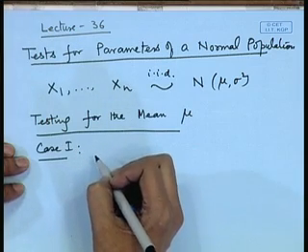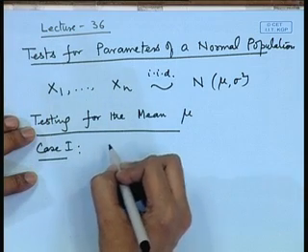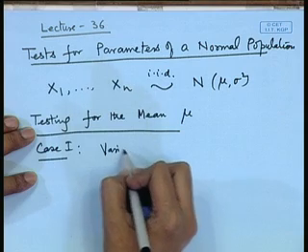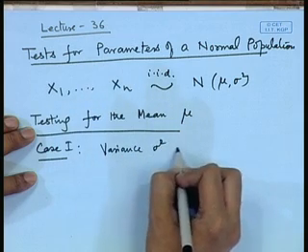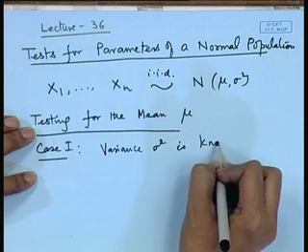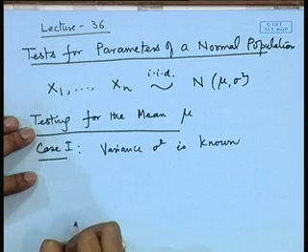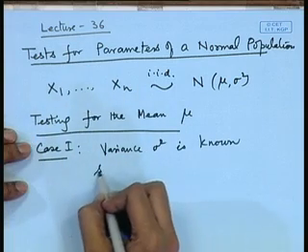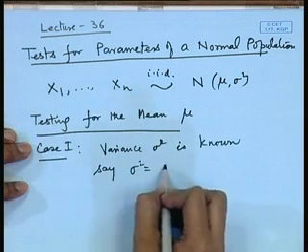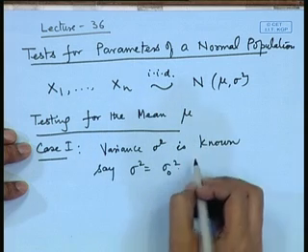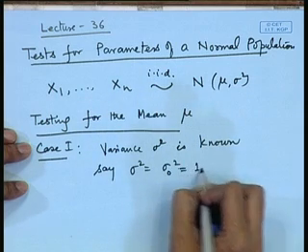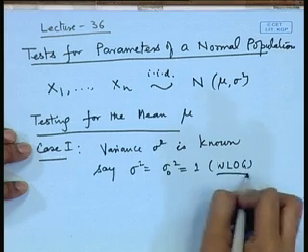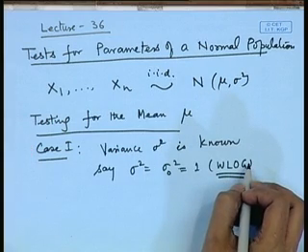As in the case of confidence intervals, we have the case when the variance sigma square is known or unknown. If the variance sigma square is known, say sigma square is equal to sigma naught square, or without loss of generality, you may take it to be 1.